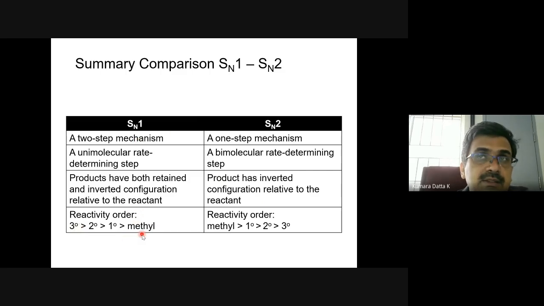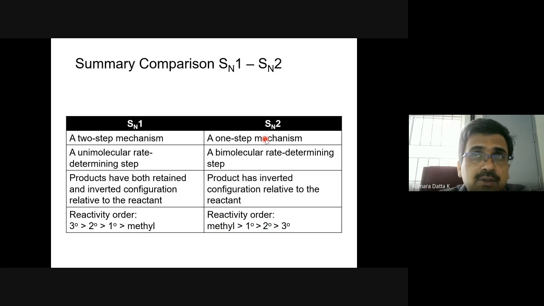Methyl is almost no reaction. For SN2, the methyl group has the best, fastest reaction as compared to primary and secondary. So this is the comparison between SN1 and SN2.